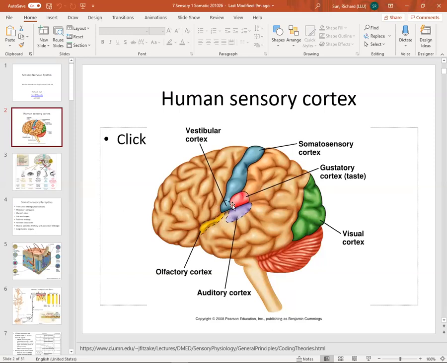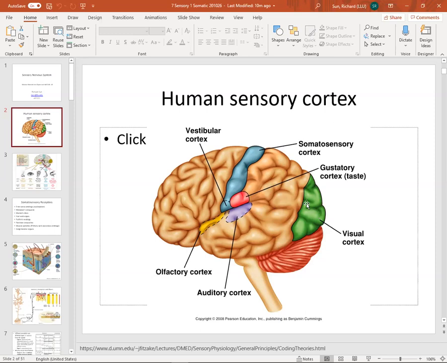In addition to these regions, we also have one very large area to process vision. So in our brain, humans in particular are very feeling oriented and also visual oriented.